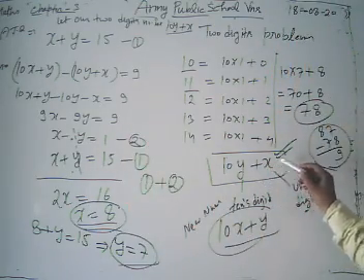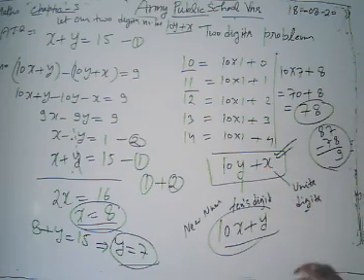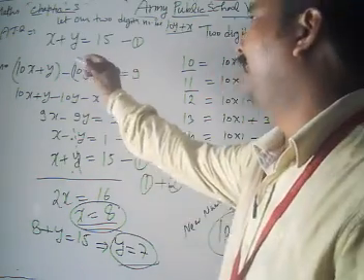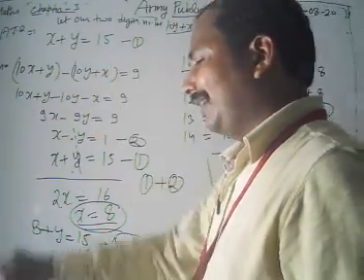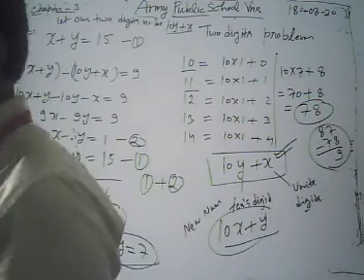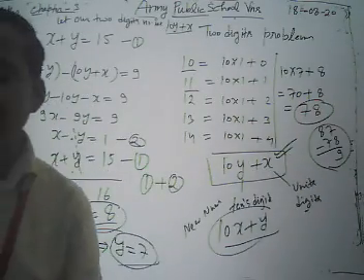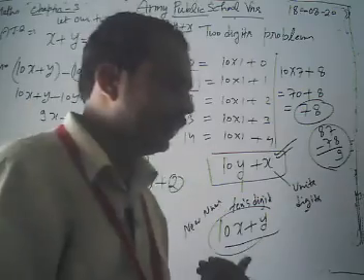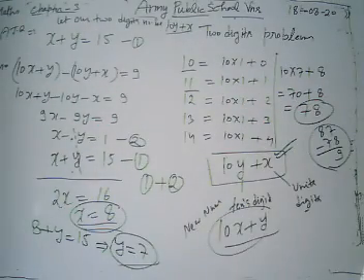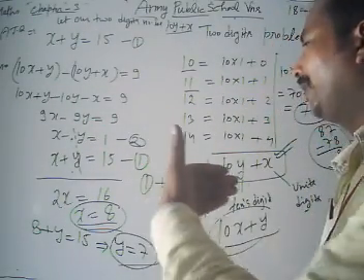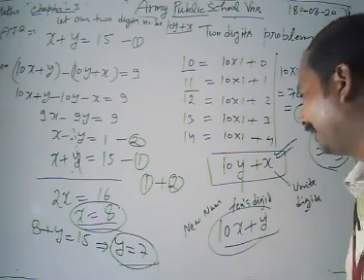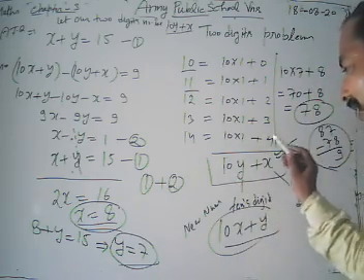Our digits are y and x. Then it's given that the sum is 15. Then it's given in the question that when we interchange our digits, it exceeds by 9. We start with 10y plus x.